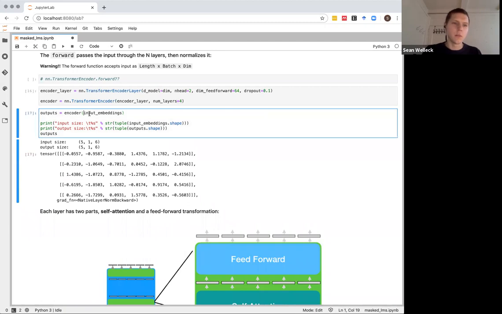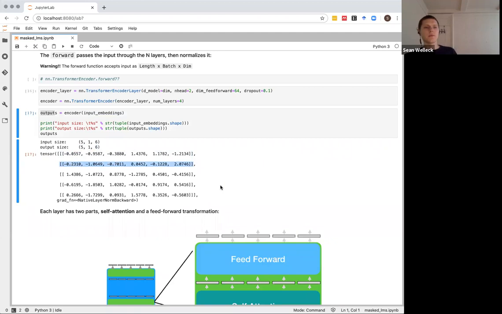So we give it some input embeddings, which we computed above, and we get some outputs. You can see that the input size is matching the output size. In particular, we're printing out the outputs here, and you can see that we get one different vector for each element of our 5-element sequence.